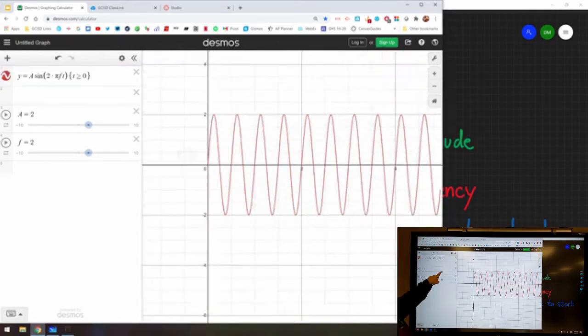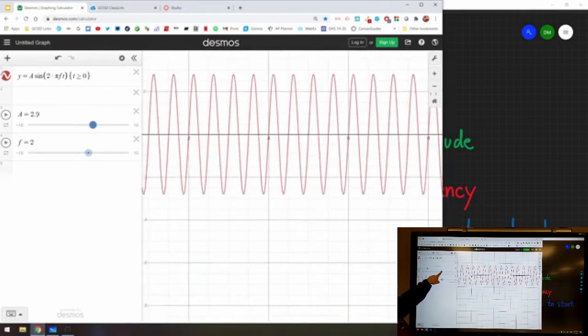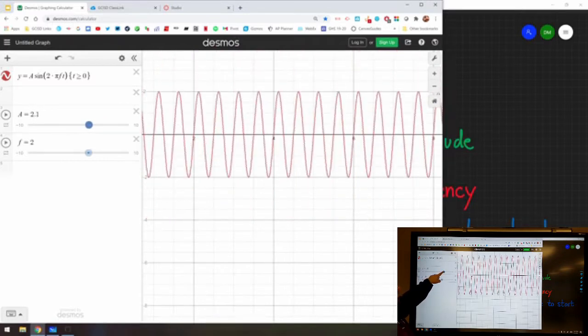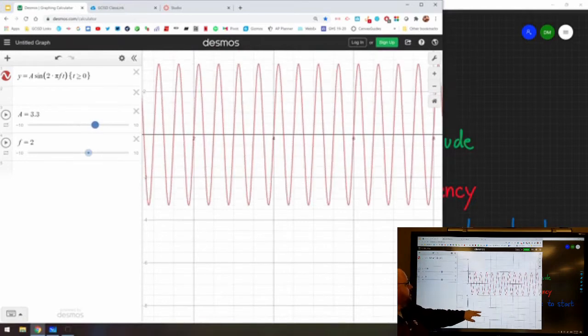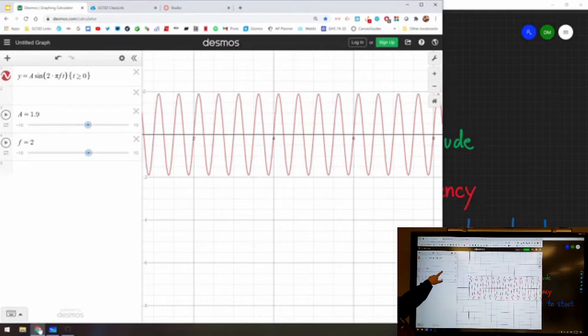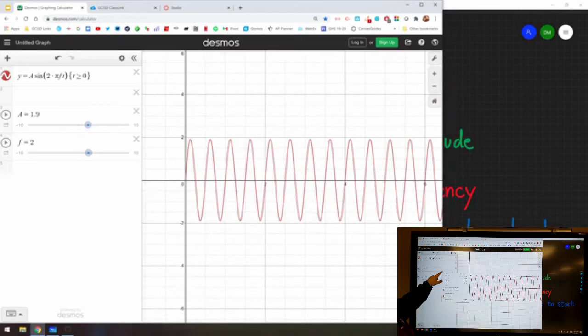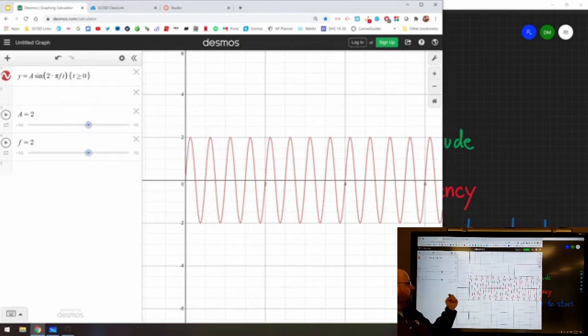When I take the A slider, so that's out in front of the sine, and I start sliding that around, notice that the shape of the wave-looking graph gets bigger, but it doesn't change how far apart the peaks and the troughs are from each other. So when I set it to 2, notice that the graph goes up to a maximum value of 2 and a minimum value of negative 2.